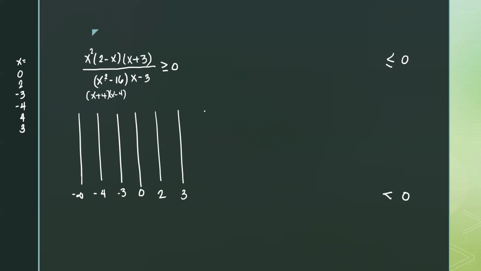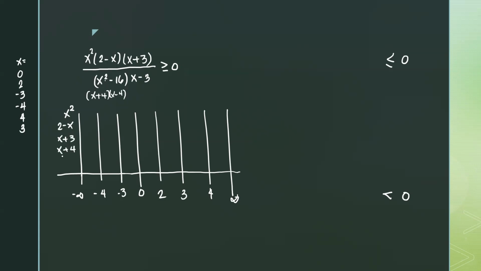This is 3. This is 4 and infinity. Okay, so we have an x squared on top. We have a 2 minus x, plus 3, x plus 4, x minus 4, and x minus 3.